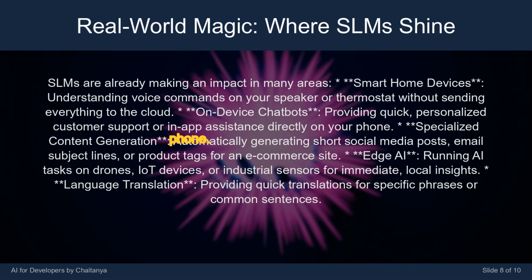Specialized content generation, automatically generating short social media posts, email subject lines, or product tags for an e-commerce site. Edge AI, running AI tasks on drones, IoT devices, or industrial sensors for immediate, local insights. Language translation. Providing quick translations for specific phrases or common sentences.